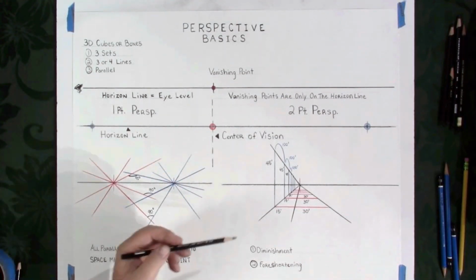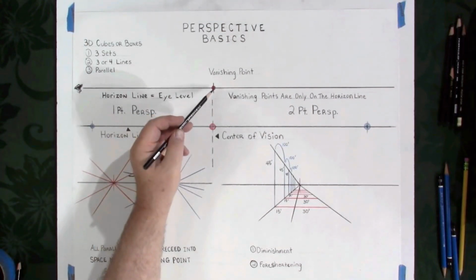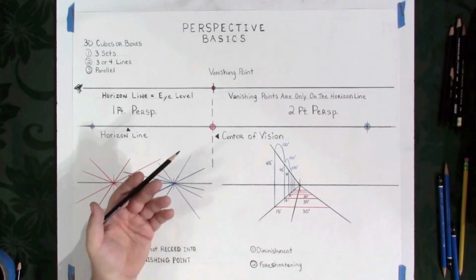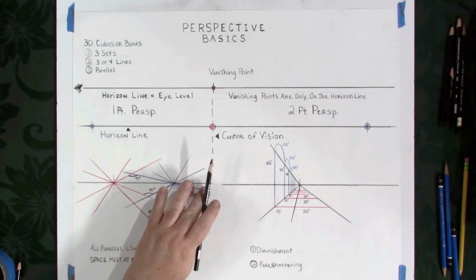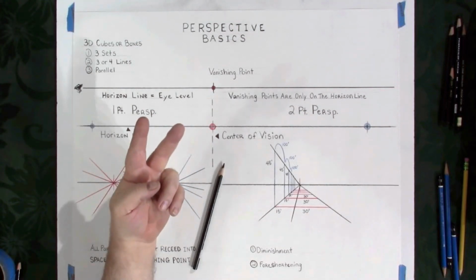Here is a vanishing point, there, a vanishing point. So again, that's where parallel lines will meet. Okay. And in this class, we are going to discuss 3 different types of perspective, but we're going to start with the first 2 that are the most common.